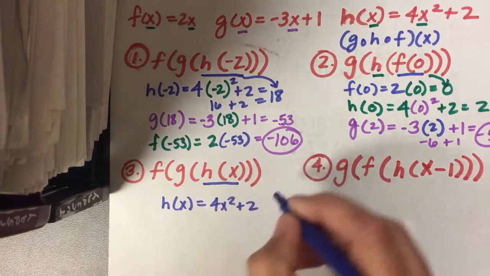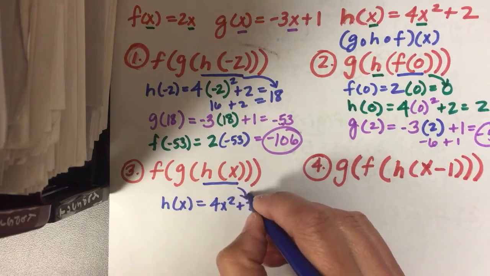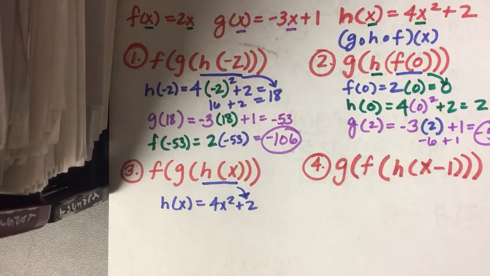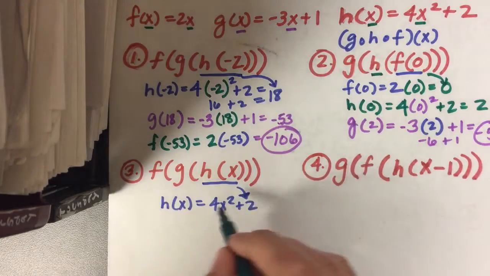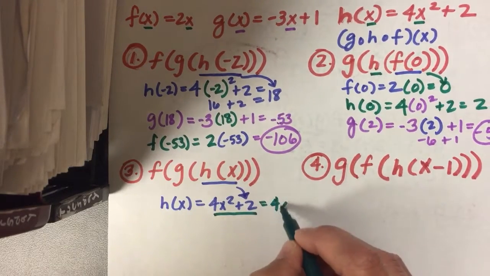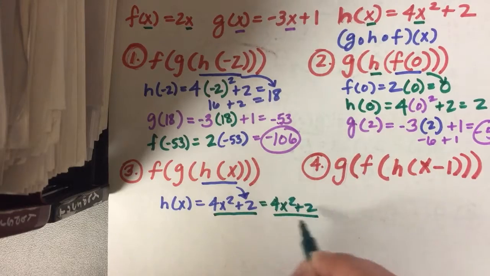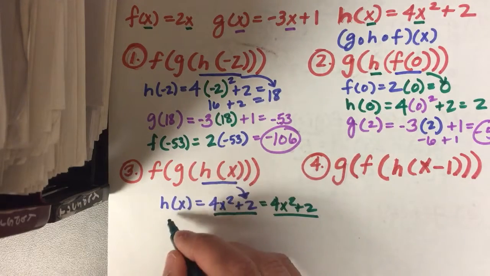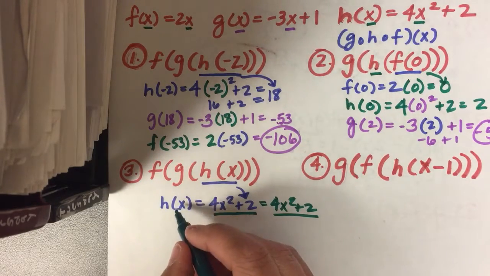So that is my output, h of x. That is now going to be my next input. So I'm going to plug this, which is my output, because that just equals 4x squared plus 2, right? I'm going to plug that in now to g.